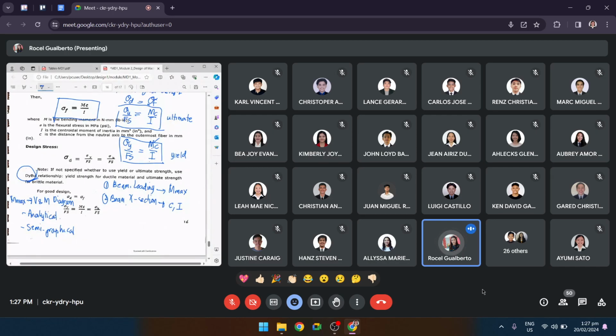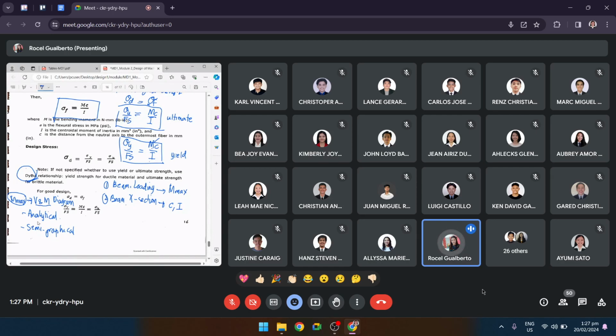But whichever, kahit po alin within these two, if you use analytical or you use semi-graphical, the output must be the same. You must yield the same shear and moment diagram, and most specifically, you should arrive at the same M maximum.